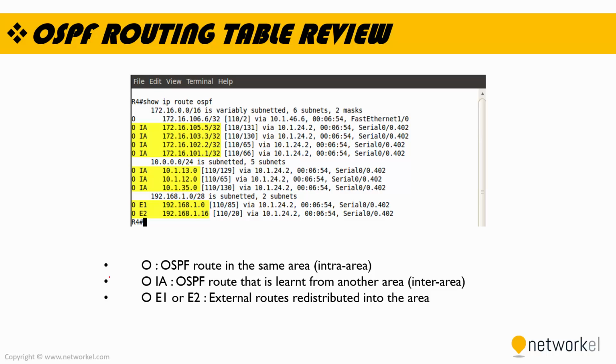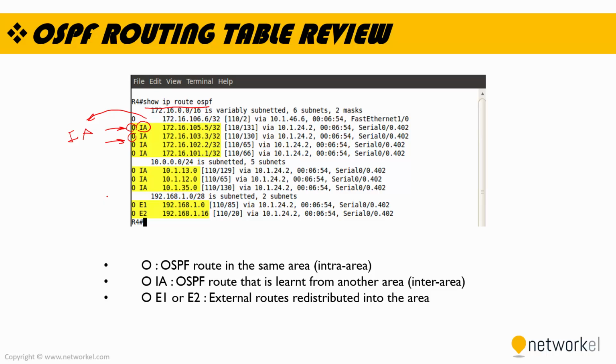Let's take a look at the OSPF routing table too. As you know from our practical labs, O means OSPF. When you type show ip route ospf, or when you type show ip route, you can see the entry beginning with O, which means OSPF. And you can also see in a multi-area OSPF network something like IA, which represents inter-area.